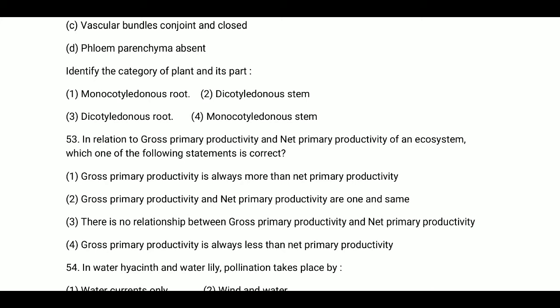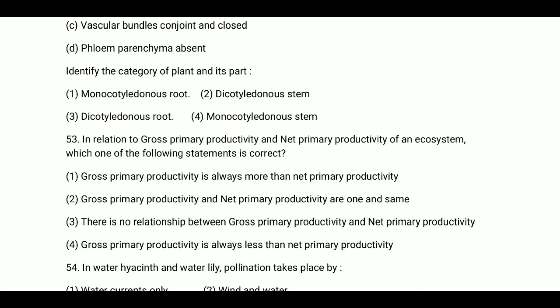Again, for this, gross primary productivity is always more than net primary productivity. Gross is complete energy produced, whereas net primary productivity is nothing but gross primary productivity minus respiratory loss, so it is less than GPP.